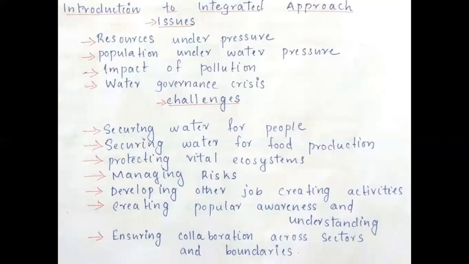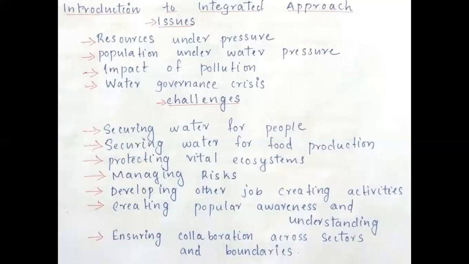Now, how to safeguard the water is again the challenge. The different challenges are like securing water for people. Every person on earth needs water, and 97% is saline water which cannot be used. Only 3% is good. Again, from the 3%, only 0.01% of fresh water is available.